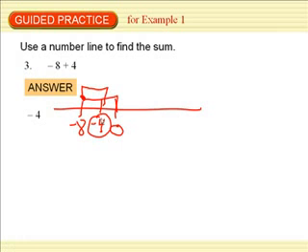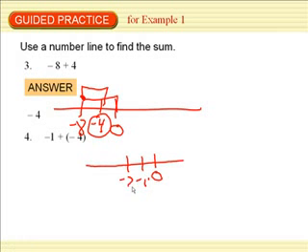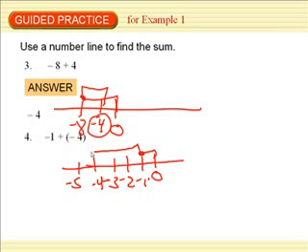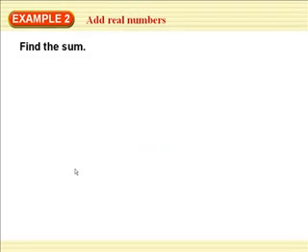Just trying to make it easier for us. -1 plus -4. Okay, so we start traveling, gotta go left, then we go 4 more left, we end up at -5. And we agree with them.